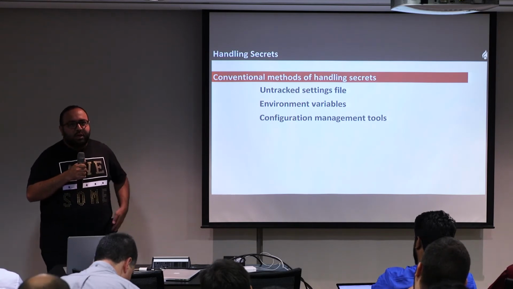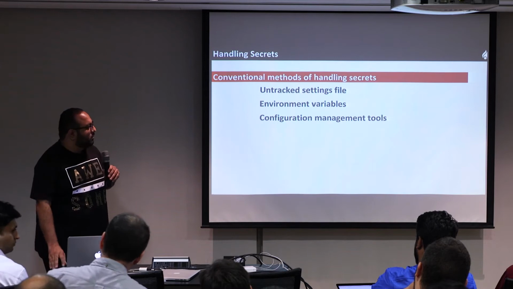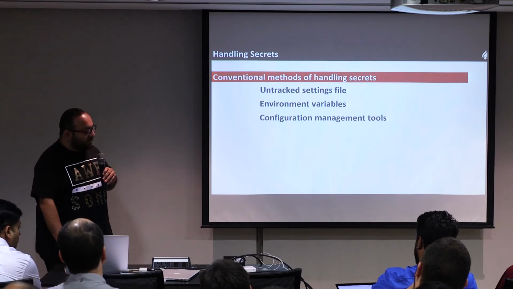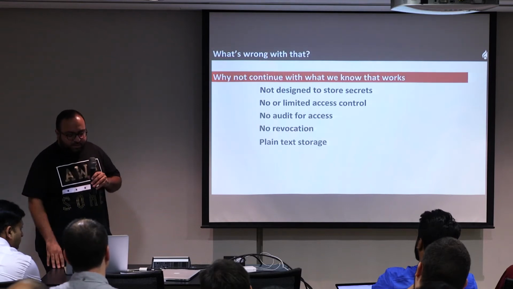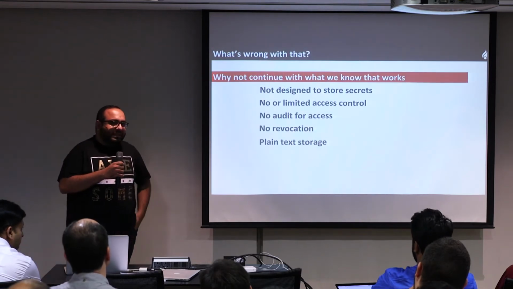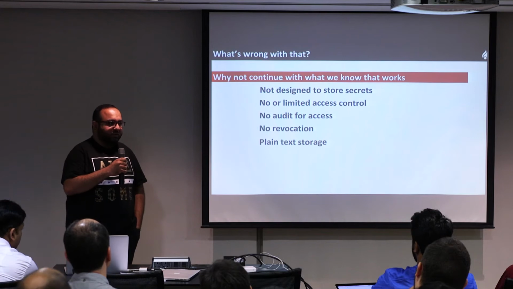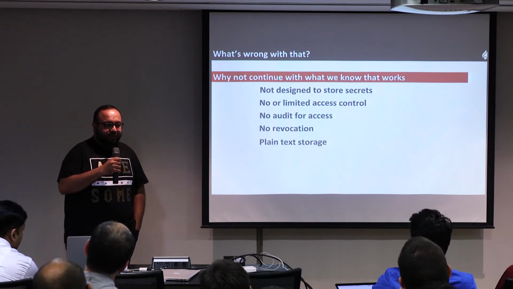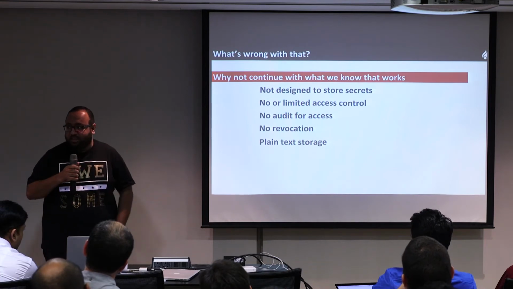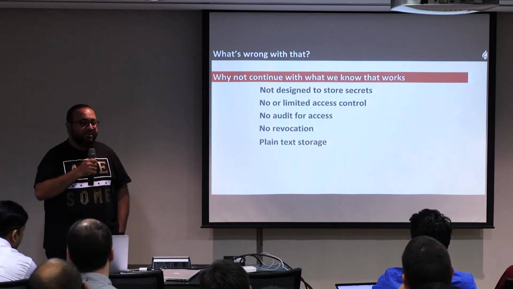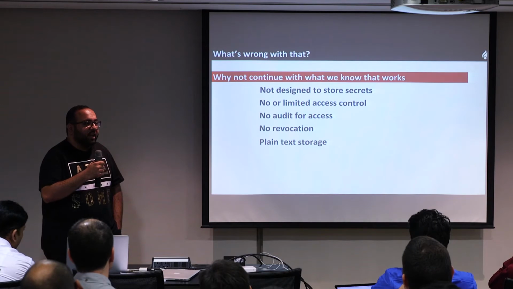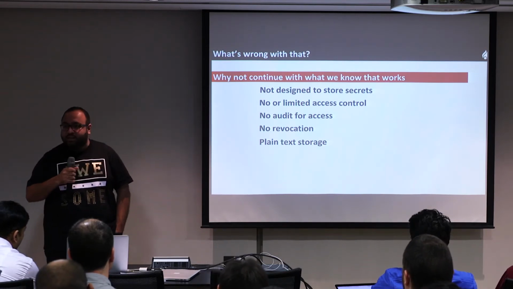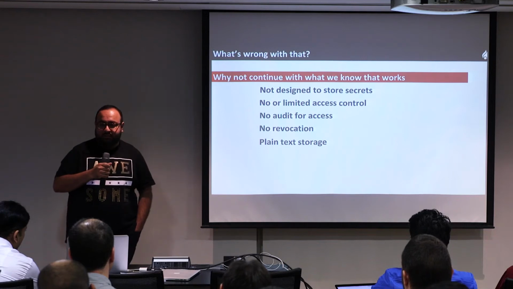The issue with these things is that they are not actually designed to handle these sort of things. How can you make sure that you have 10 APIs with different API keys and just put them in a single settings file or in an environment variable on the system, which is actually available to every process running on that system?